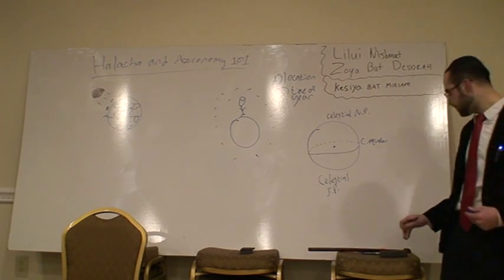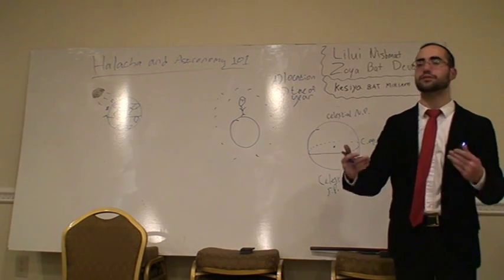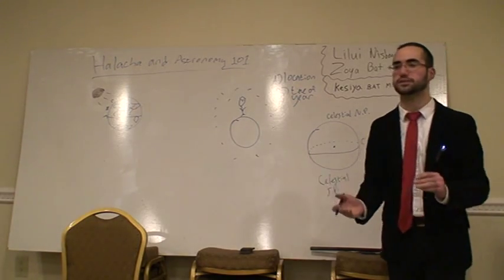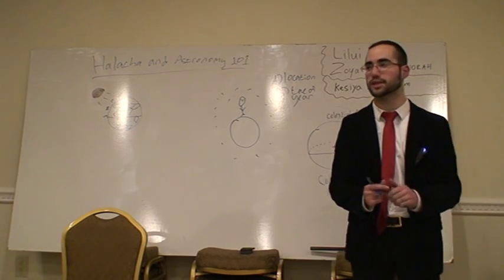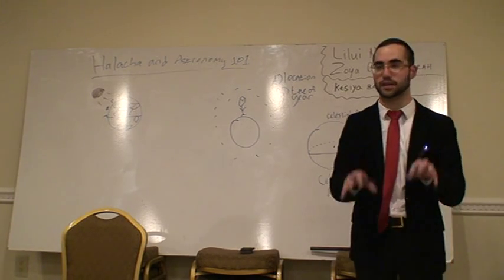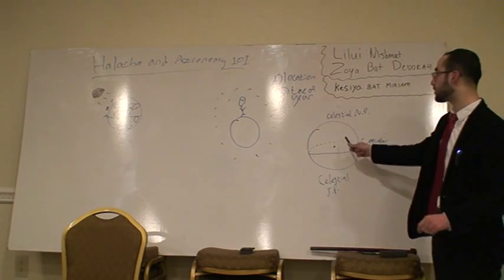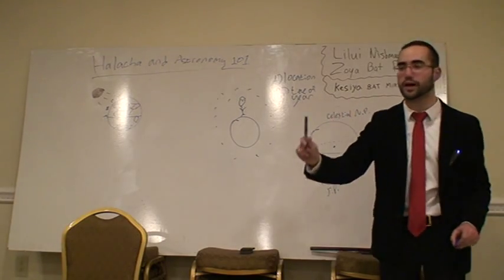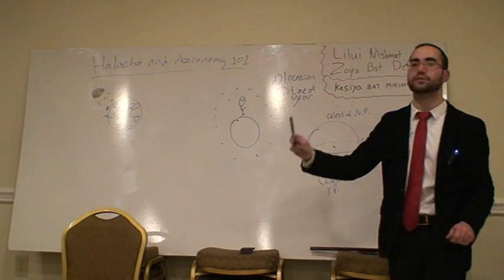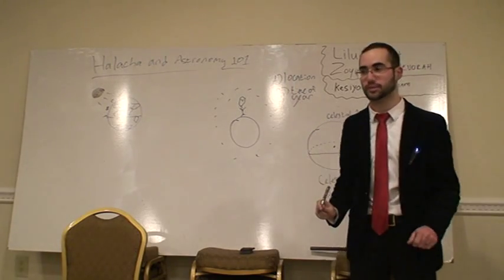Now, if we could recall, we said that relative to the sun, the Earth is tilted on a 23-degree axis. That's according to the approach that says that it's really the sun that is the center and it's the earth that goes around it. But if we say that it's really the earth that's the center and the sun goes around it, it's not that the earth is tilted, but rather the sun goes in a tilted fashion, and it would also be by the same amount of degrees.